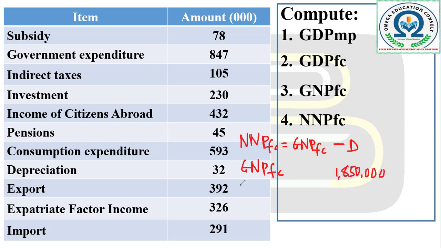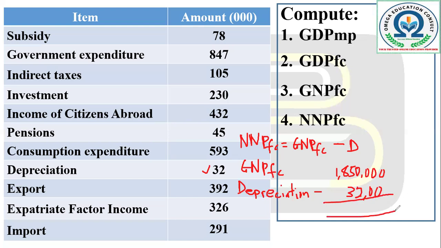Okay, then we identify our depreciation. Okay, and then know that we are deducting. So where is depreciation? Okay, so the depreciation is 32,000. Okay, so we underline and then put the final answer there.